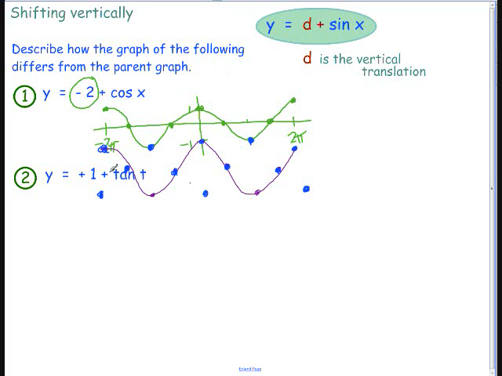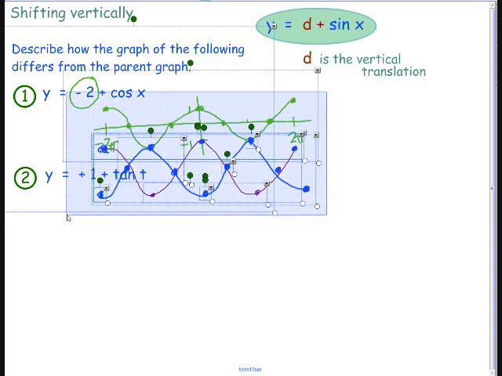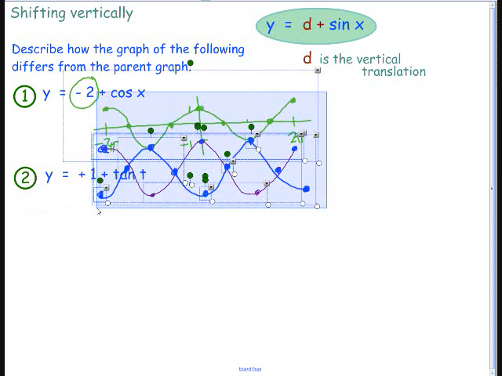All right, so here we go. I've got a graph that looks like this. Now, probably a good idea for you to do this on your calculator so you can see just how it all works.